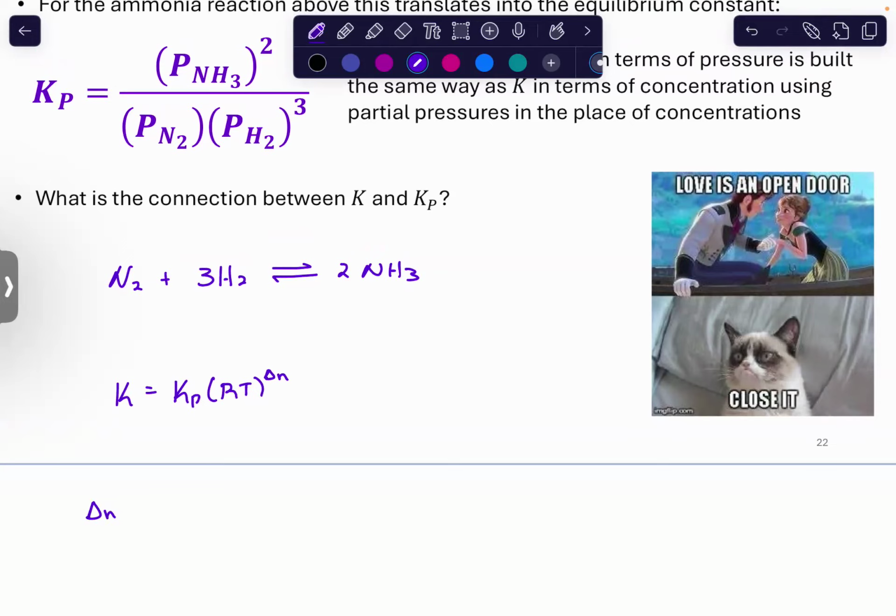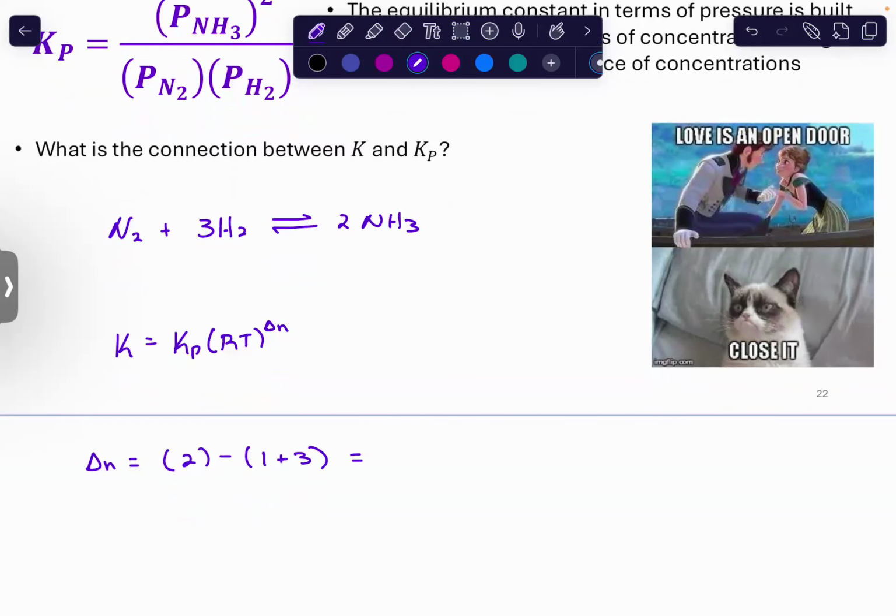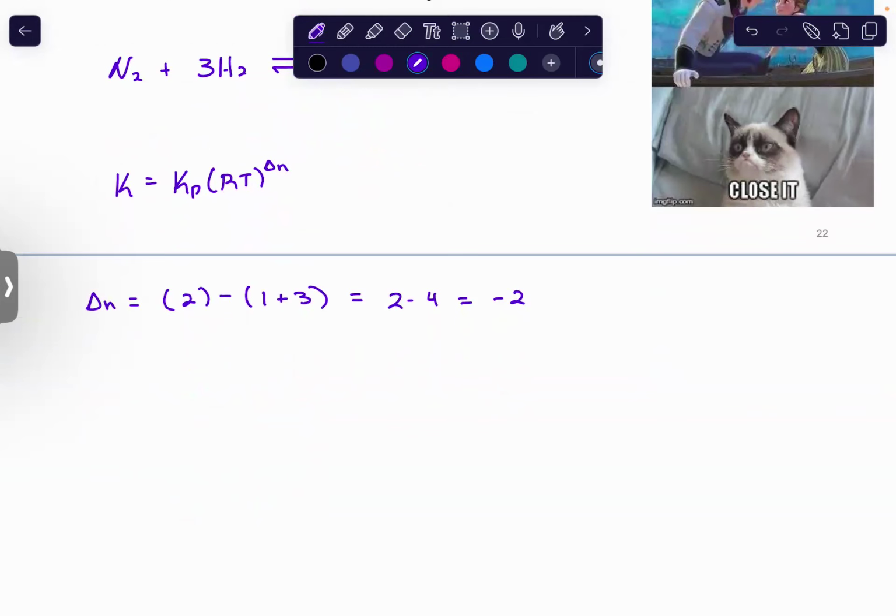So you know that delta n is going to be the coefficients of your products added together, which in this case is just 2. You could also put 2 plus 0 because there's only one product, minus the coefficients of your reactants, 1 plus 3. And that's going to give you 2 minus 4 equals minus 2. Okay. So in this case, for this reaction, your K would be KP RT to the minus 2, which of course you can leave like that and just put in your calculator.